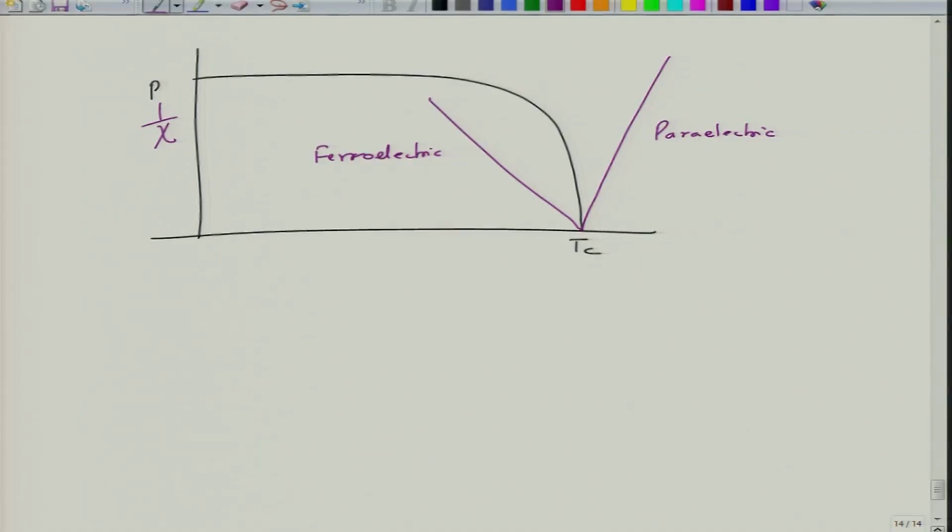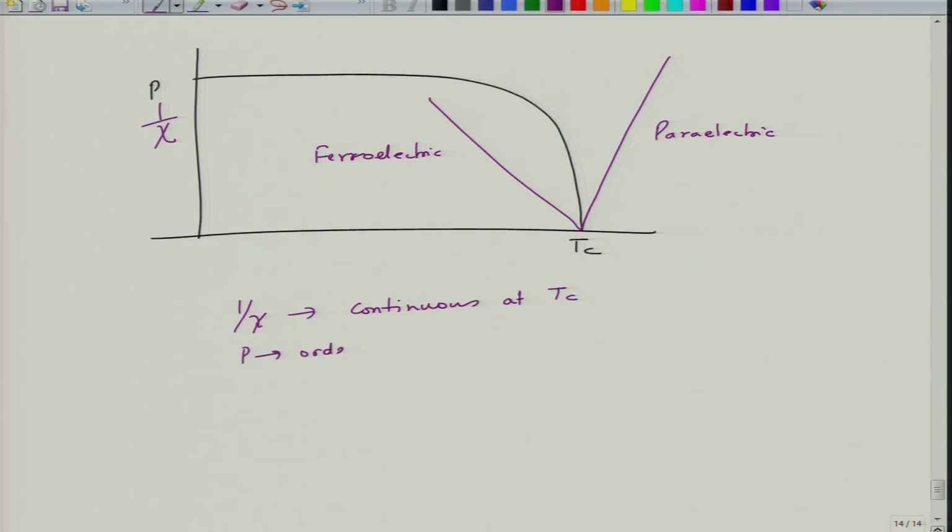And this is also reflected. So, you can see that the value of 1 over chi is not discontinuous. So, 1 over chi is continuous at Tc.